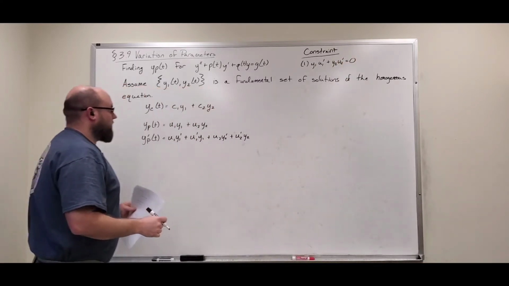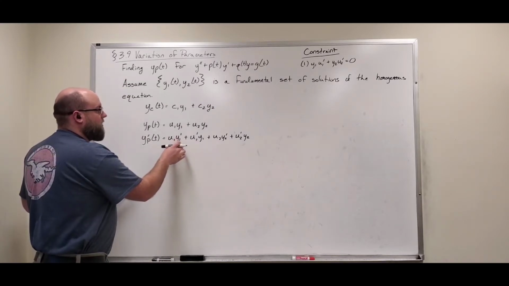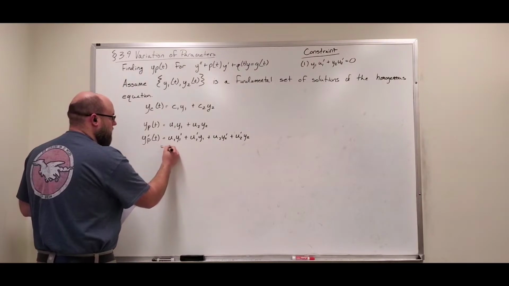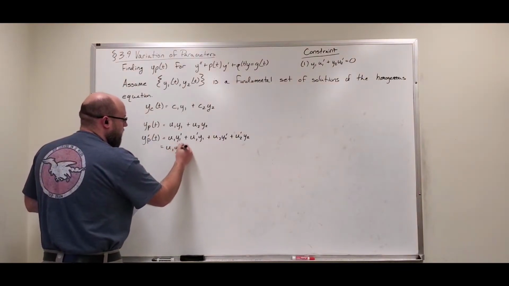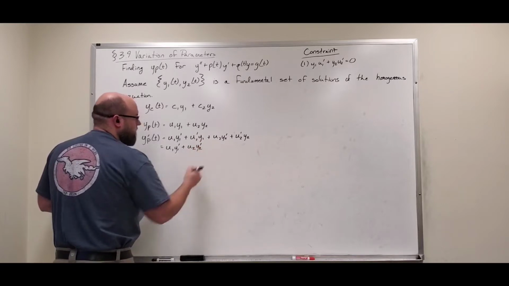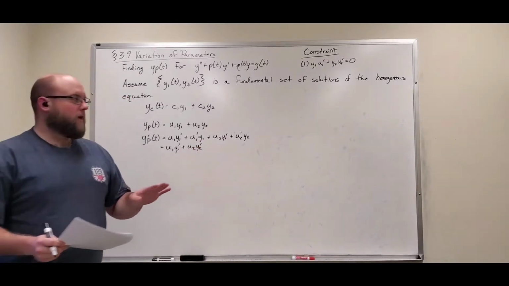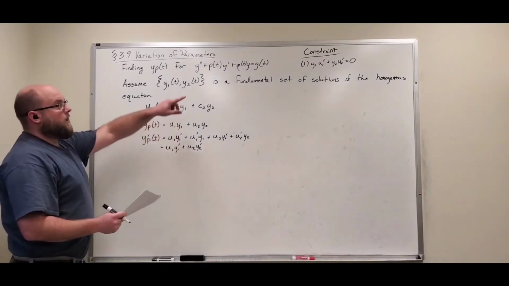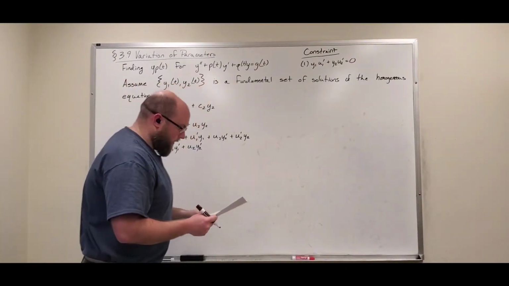What that means is these pieces here go to 0, leaving us with u1 y1 prime plus u2 y2 prime. The reason we're going for that is that as we take the second derivative, we would get something more complicated if we did not have that constraint in there.